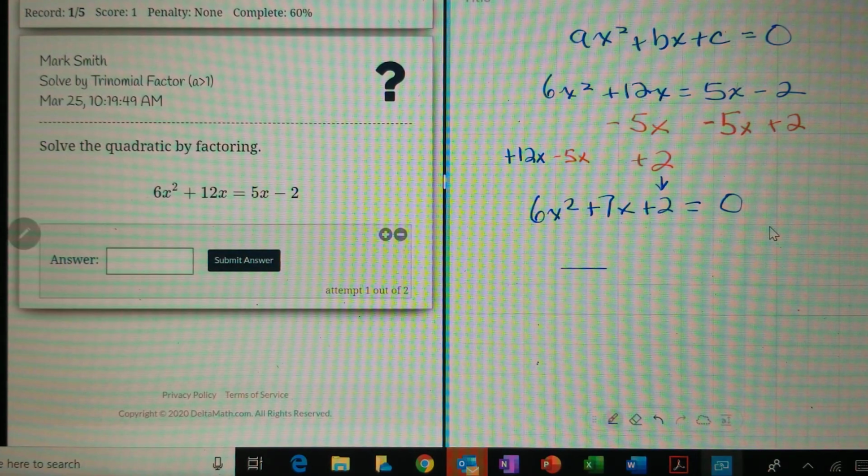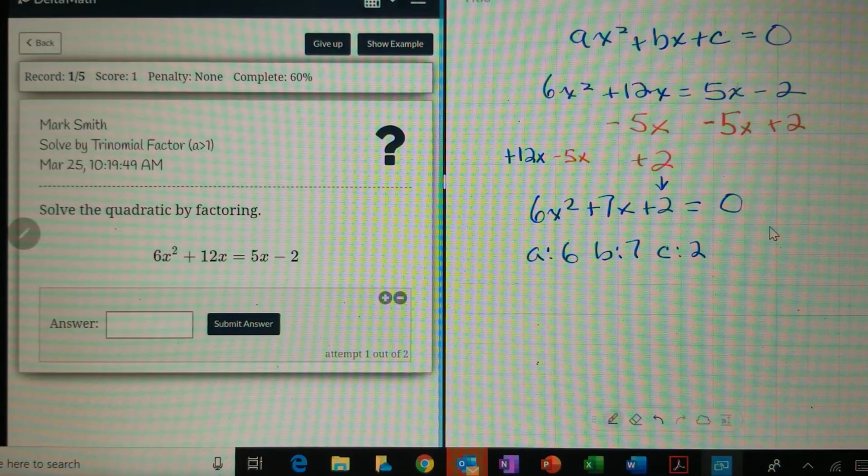Now, to use technology, I'm going to want to know my a, b, and c. So my a is 6, my b is 7, and my c is 2. I'm going to go over here to my handy calculator.